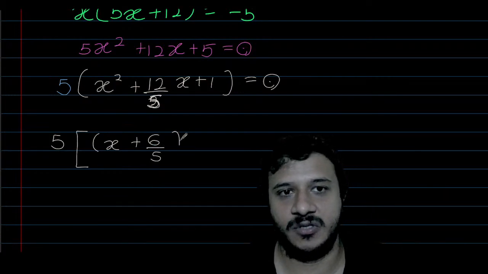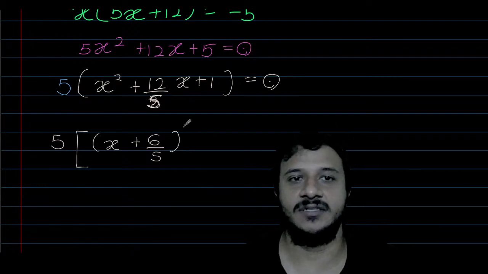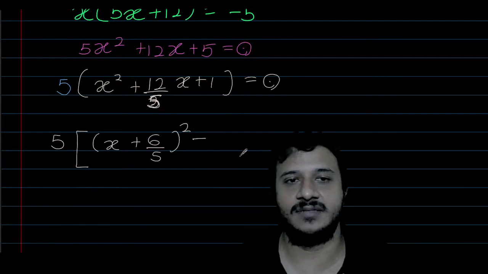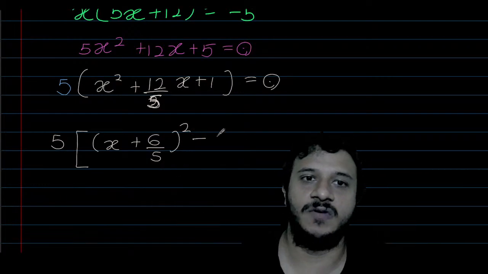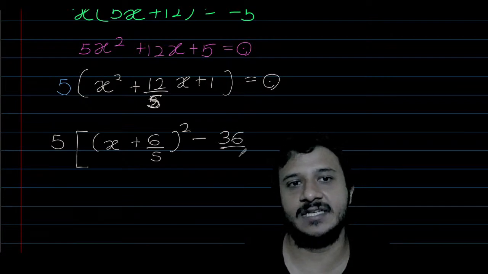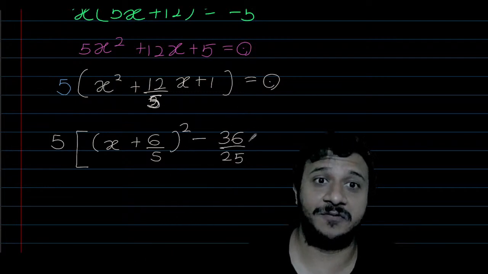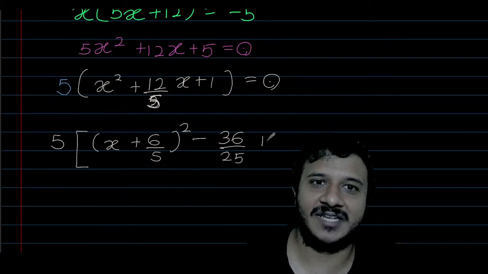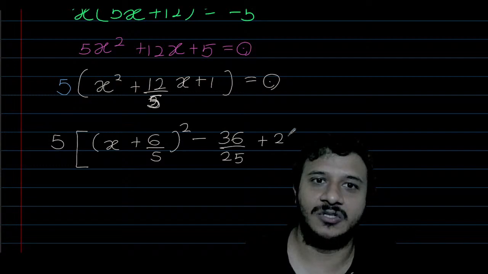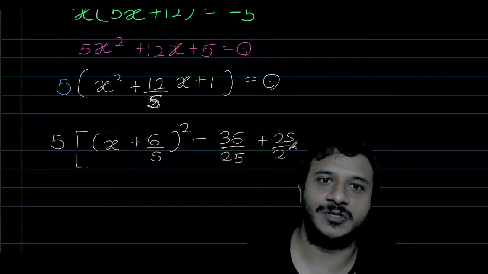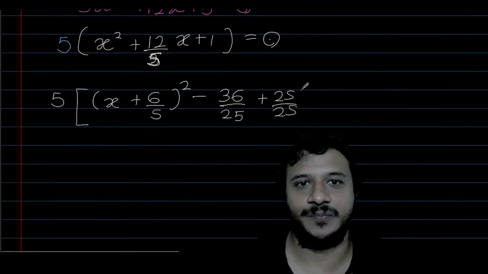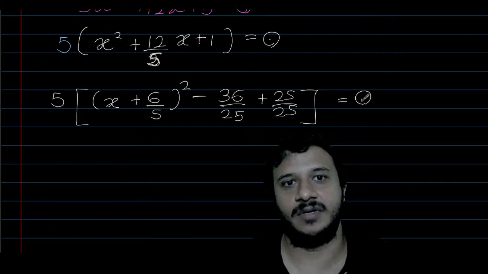As soon as you do it, you close the bracket, you put a square and a minus. The square of 6 over 5 will be 36 over 25. And then rather than writing 1, let's write it as plus 25 over 25, and the bracket closes. Here we go.